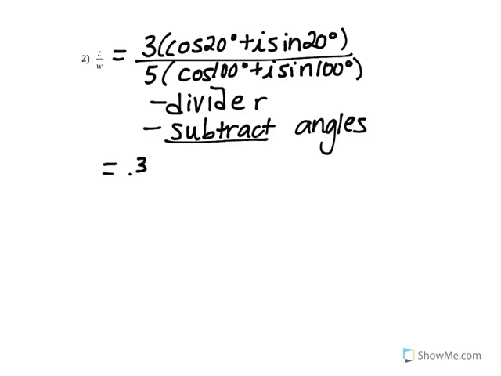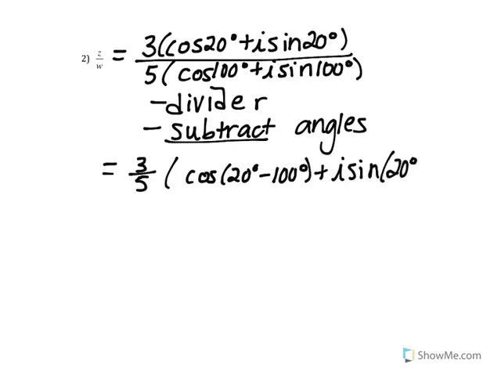So in this case we'll get 3 over 5 times cosine of 20 minus 100 plus I sine of 20 minus 100. And the only thing extra that we're going to do at the end here is if we get anything that's negative, we're going to get a coterminal angle that is positive.